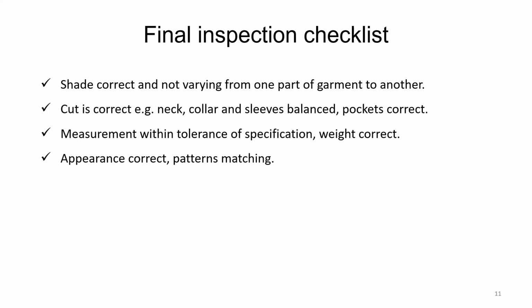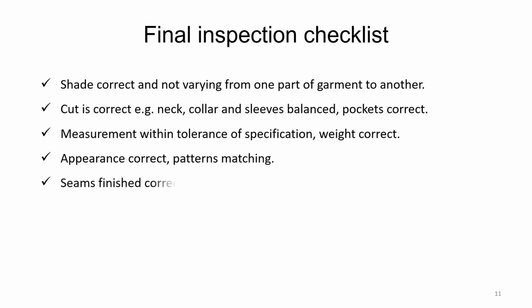Let's say you have a check shirt. So what is done is that when, let's say, the shirt left and right front, the checks should be matching from left to right. Similarly, when you put one sleeve onto the other, then the checks should be matching. It shouldn't be up and down.